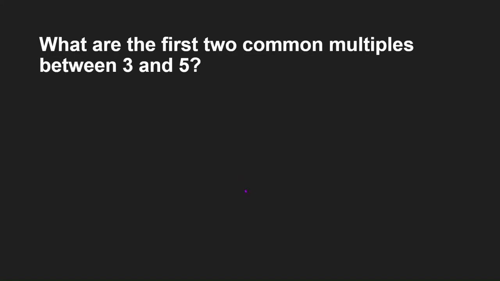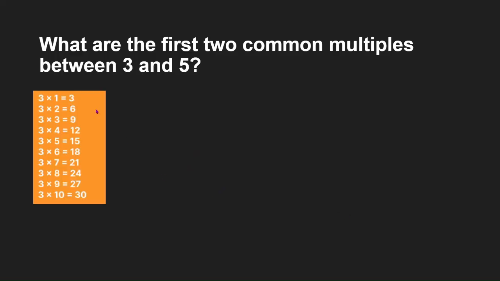Okay, so the first 2 common multiples between 3 and 5. To find these, you should start by finding some of the multiples of 3, all right? So we've got 3 times 1 is 3, 3 times 2 is 6, 3 times 3 is 9. So you can start creating a list of these.